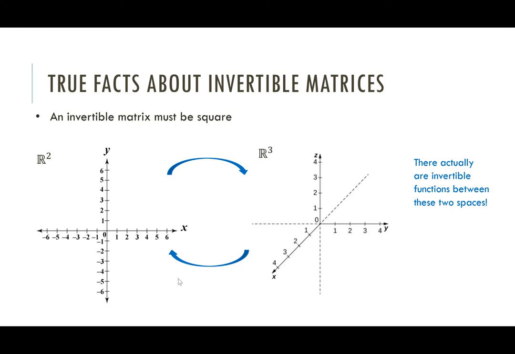So that's crazy, that there actually are invertible functions. And it turns out they just can't be linear. And maybe one other thing I'll say, promoting other higher math classes, is that you could see the fact that there are invertible functions between R2 and R3 being worrisome and an impetus for this field of mathematics called topology.